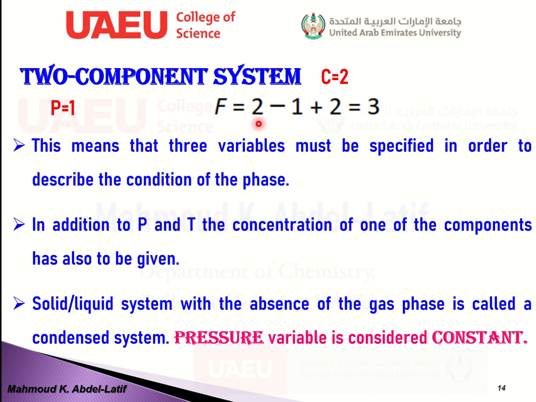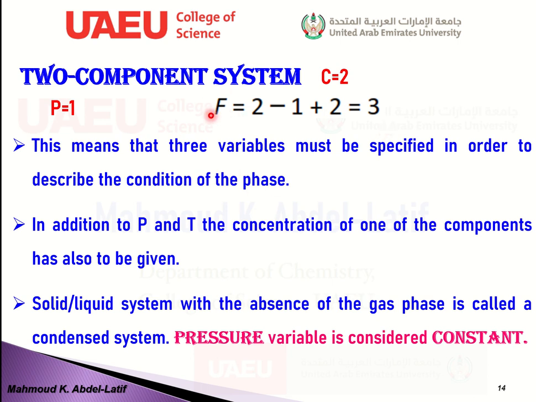So just apply the phase rule: 2 minus 2, where C is the number of components, and 1 is the number of phases, plus the microscopic variables or parameters. You end up with 3 if you apply these two values, which means that 3 variables must be specified in order to describe the condition of the phase.